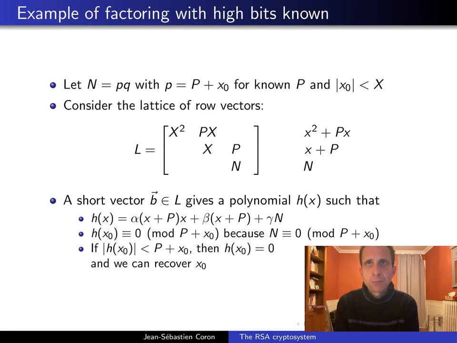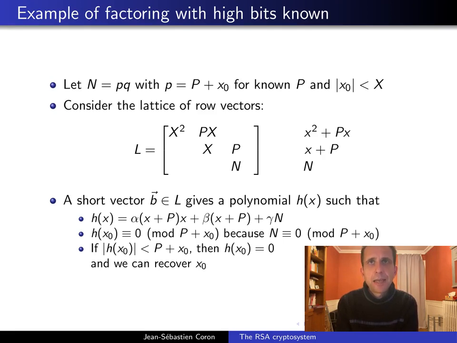So these are x plus P and n. For the first row, we simply take a shift of the polynomial x plus P. So we take x squared plus P times x, and we write the corresponding coefficients, where as previously we replace the small x by the bound capital X.